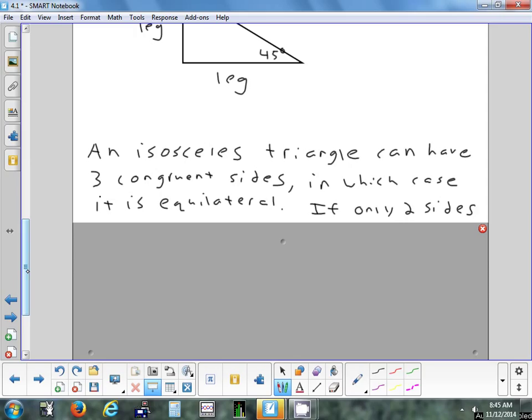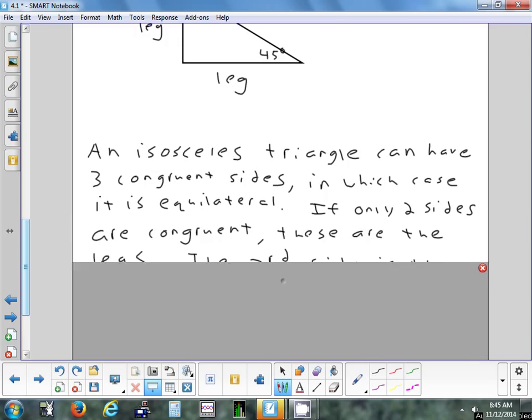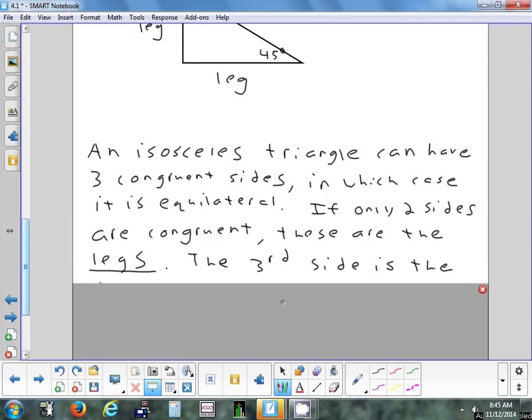All right. So in an isosceles triangle, I wanted to make this clear, you can have three congruent sides. And technically you can call that isosceles, because isosceles just has to have at least two congruent sides. But generally, if it has three congruent sides, I'd prefer you to call it equilateral.